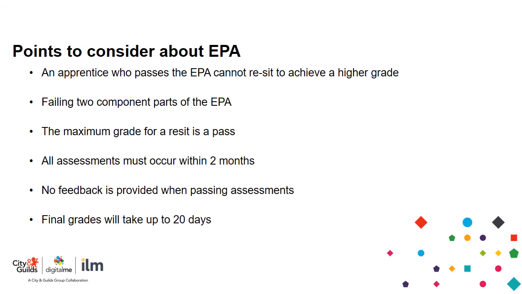The grades for the hospitality standards are capped at a pass for any resit which takes place. Endpoint assessment for the hospitality standards from start to finish should take place within 2 months unless exceptional circumstances occur.